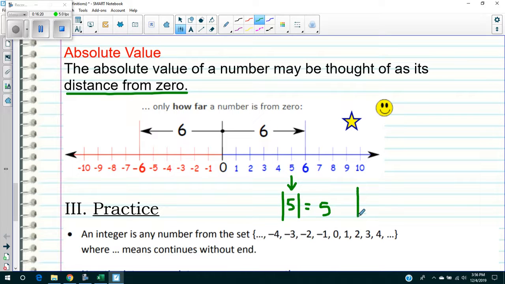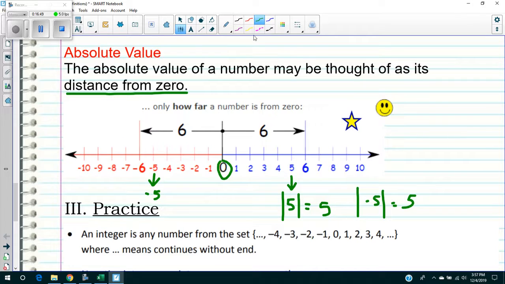However, if I were to ask you, how far is negative 5 away from 0? In other words, what's the absolute value of negative 5? What would that be? Yeah, still 5. They're not asking you where on the number line it is. They're simply saying, I don't care from the positive side or the negative side. I just want to know how far that number is from the central number, 0.